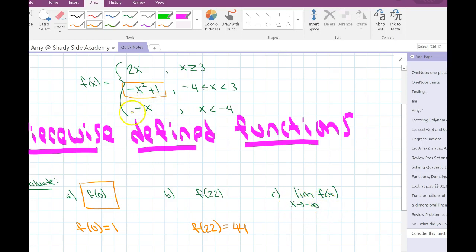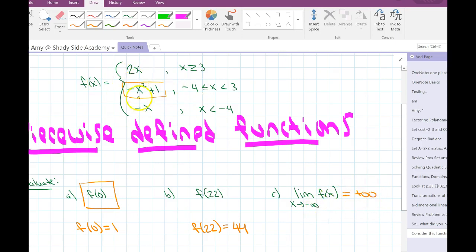It's this piece right here, for values of x less than -4. As x approaches negative infinity, y approaches positive infinity. So the limit as x approaches negative infinity of f of x is positive infinity. If I were to think about what this graph of f would look like, I know it's going to rise to the left.